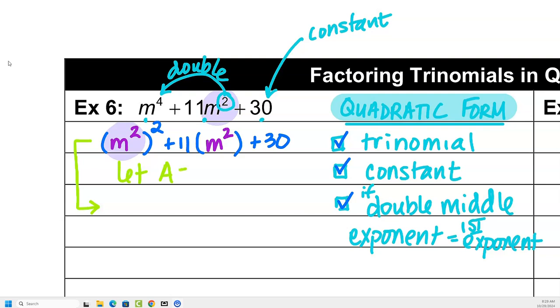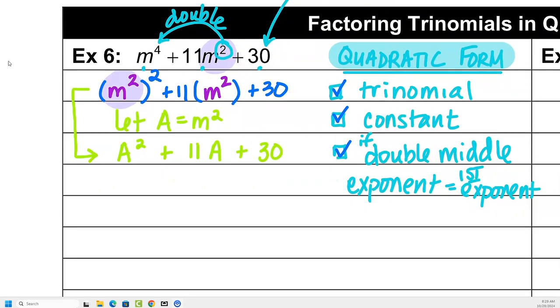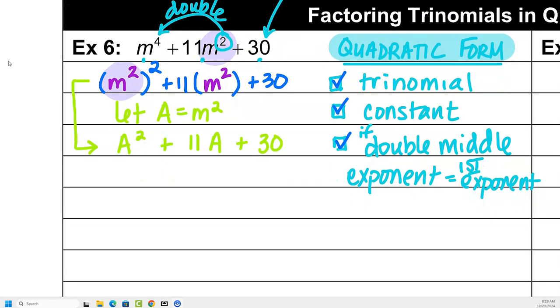So A is going to be equal to m squared. Every time I have an m squared, I'll replace it with an A. So this becomes A squared plus 11A plus 30. Are we okay with that?